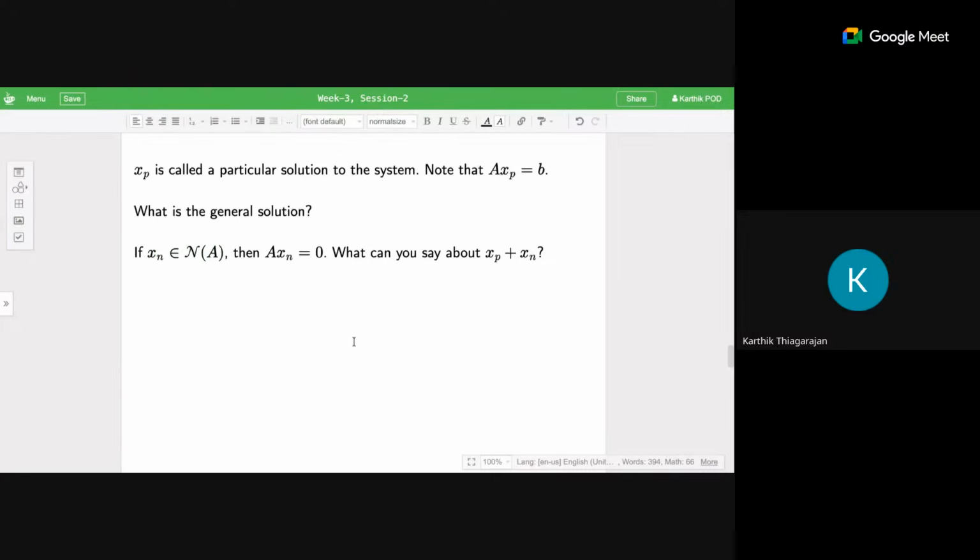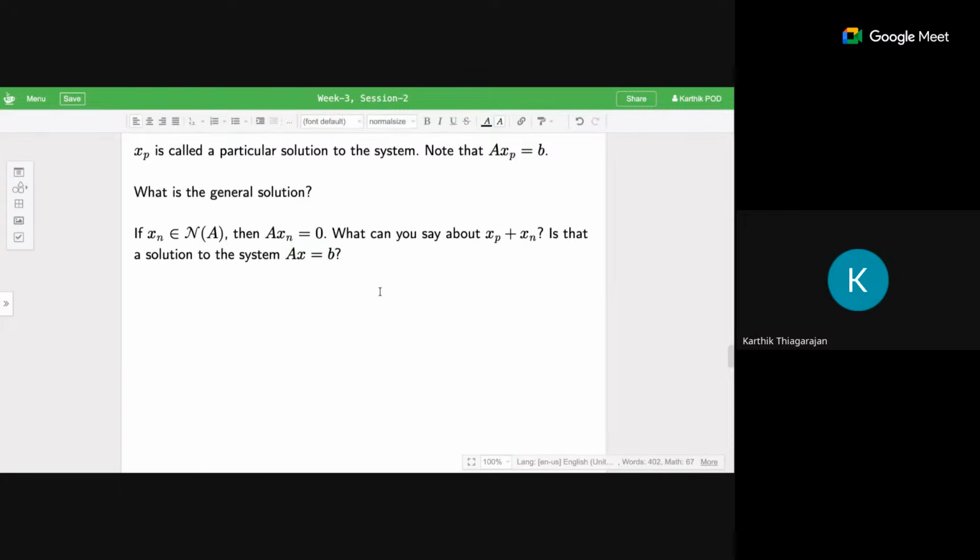So what can you say about xp plus xn? Mainly, is that a solution to the system Ax equal to b? Yes or no? Yes, I think. Okay. No, we try. Yeah, okay, why no?